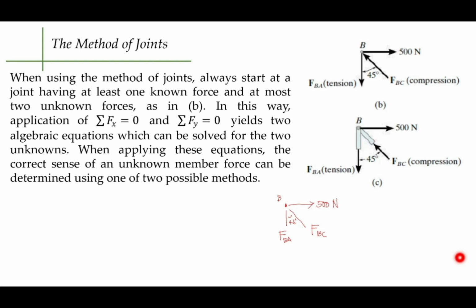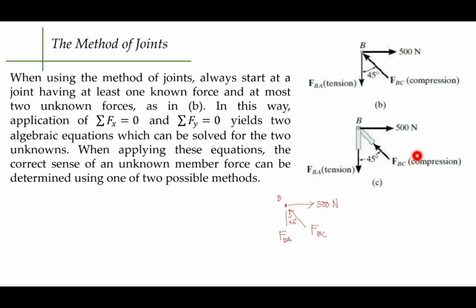So your BC is towards B, going up to the left, and the left component of your BC is the force that will counteract the 500 Newton force acting at B, which is going to the right. So BC here is compression.